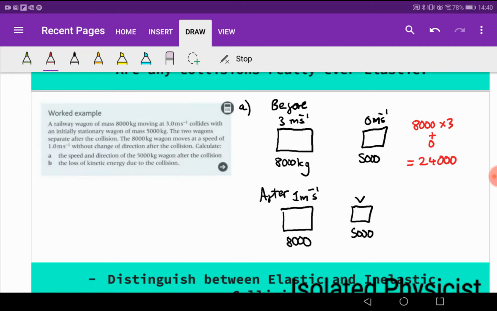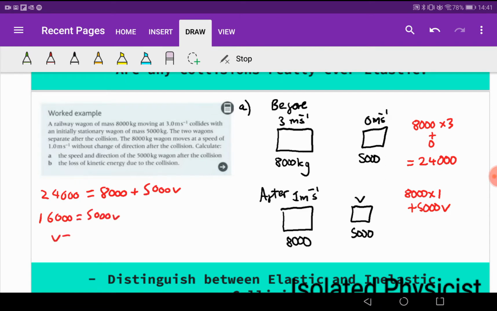And for the bottom, we've got 8,000 times 1 this time, added to 5,000 V. So we've got 24,000 equals 8,000 plus 5,000 V, so 16,000 equals 5,000 V, so V equals 3.2 meters per second.